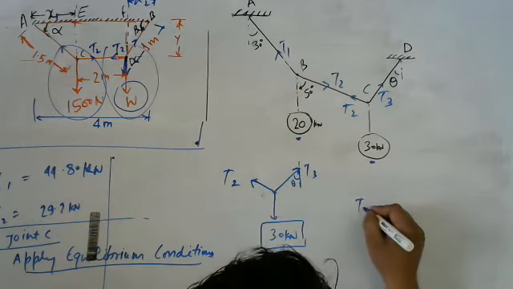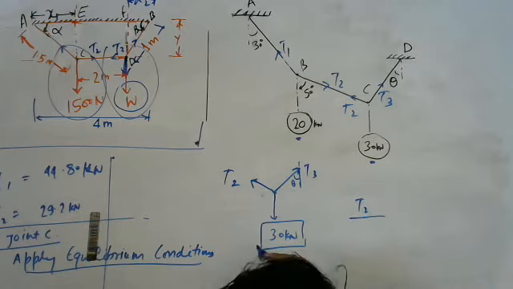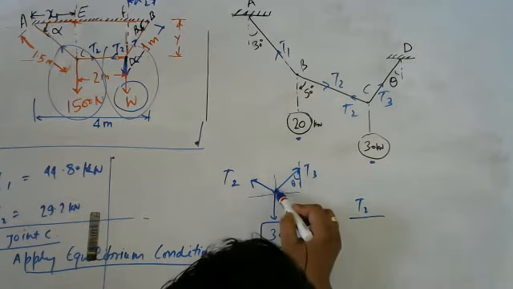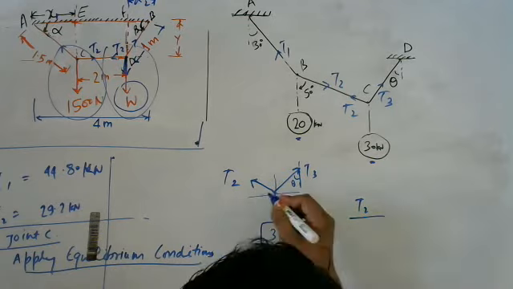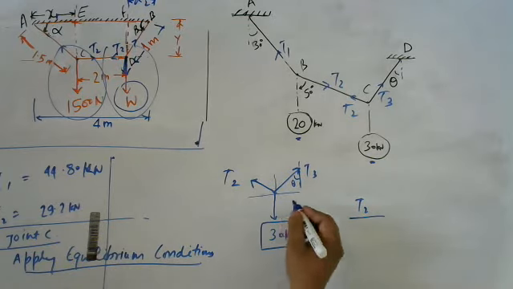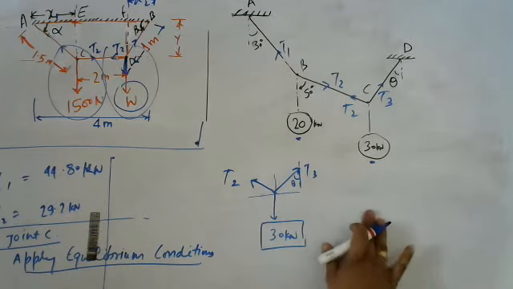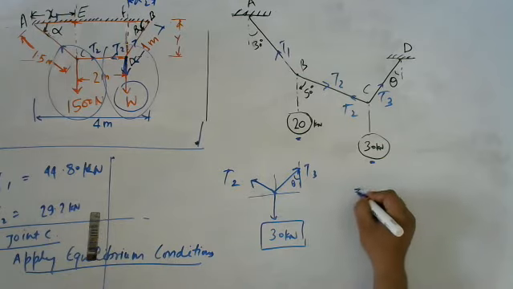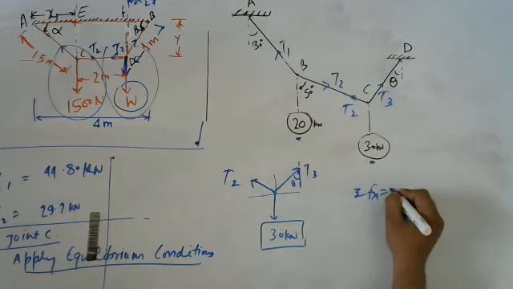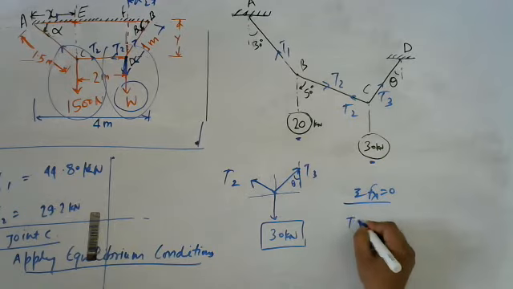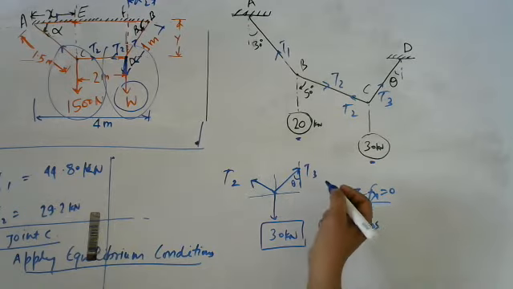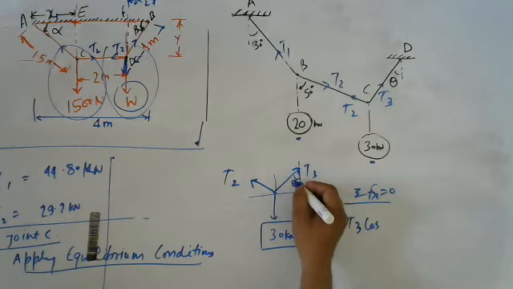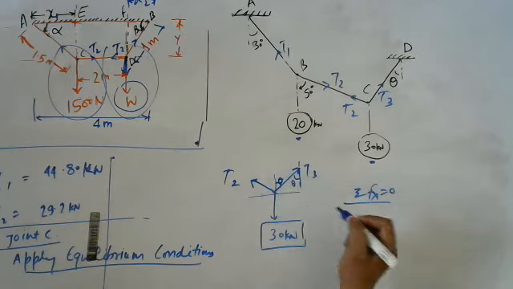Now I write the equilibrium condition. Summation Fx is equal to 0. If this angle is theta, this is cos theta and this is sin theta.